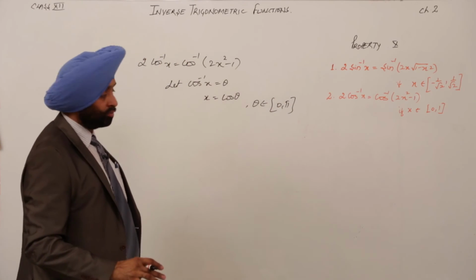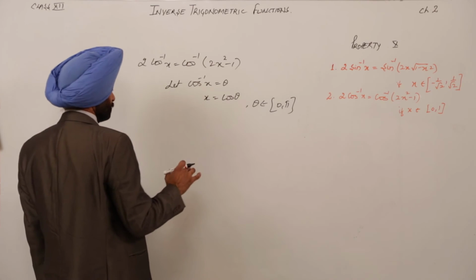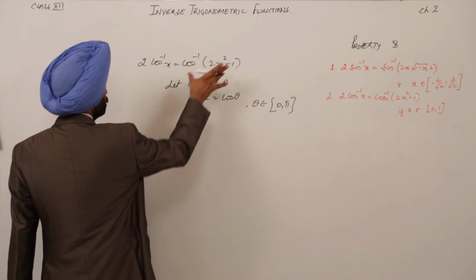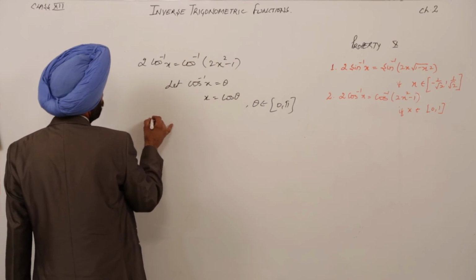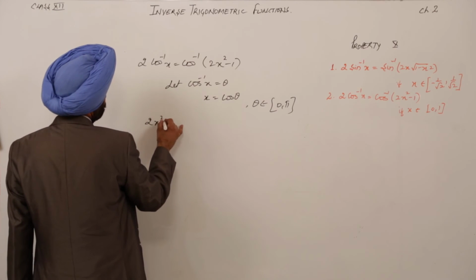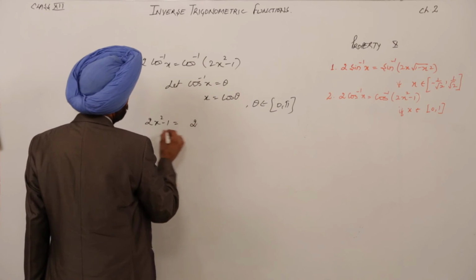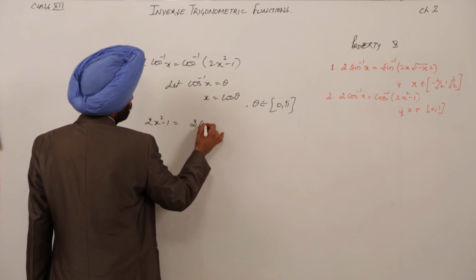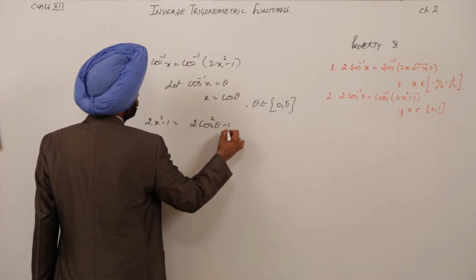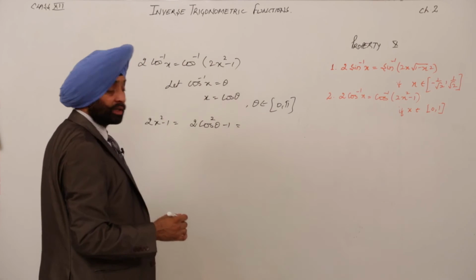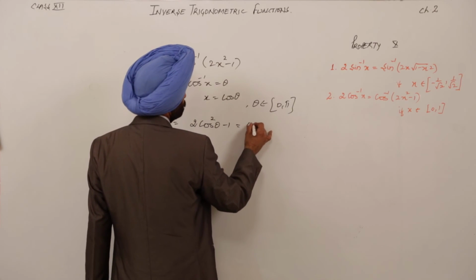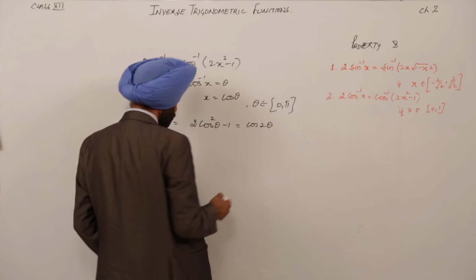Now moving to this expression, 2x square minus 1 is equal to what? We get 2 cos square theta minus 1, and 2 cos square theta minus 1 is what? Cos 2 theta.